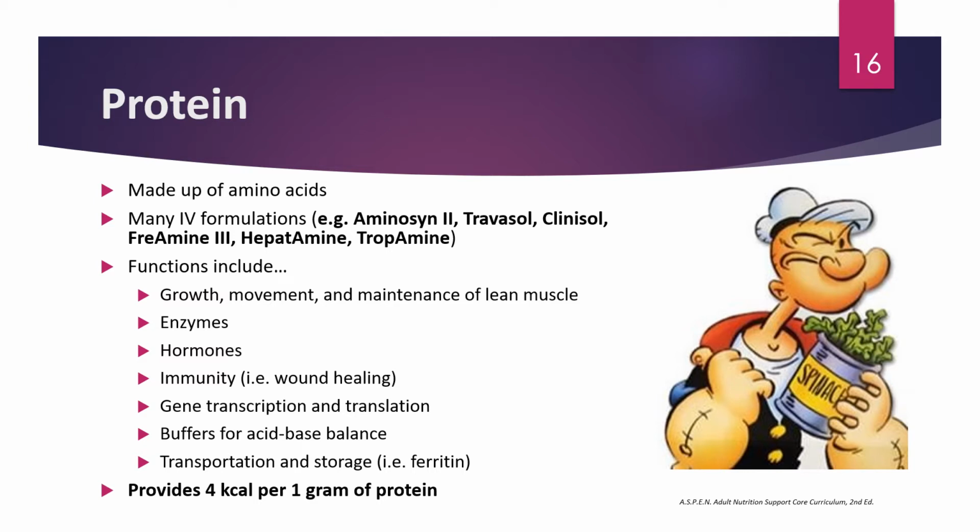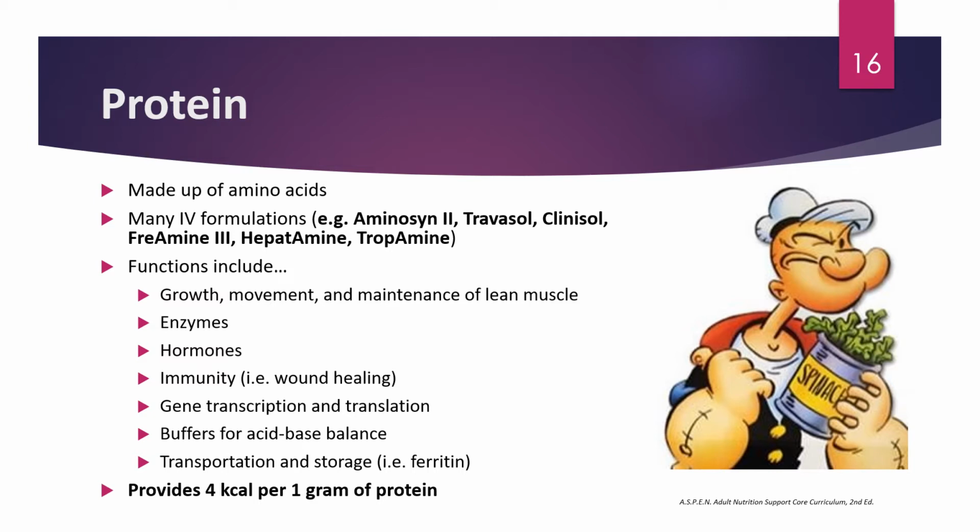So keep in mind all these names here. They are bolded for a reason. They are bolded because you should know of them and be aware of them and know that they are amino acid or protein sources. So protein in general functions to grow, move, and maintain lean muscle. So anytime you think about muscle, think protein. Proteins also come in the forms of enzymes and hormones.